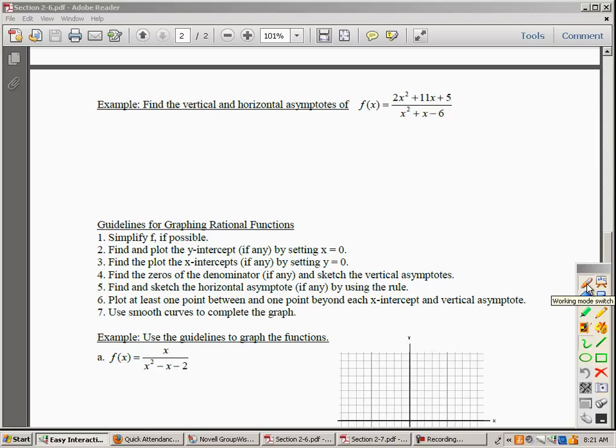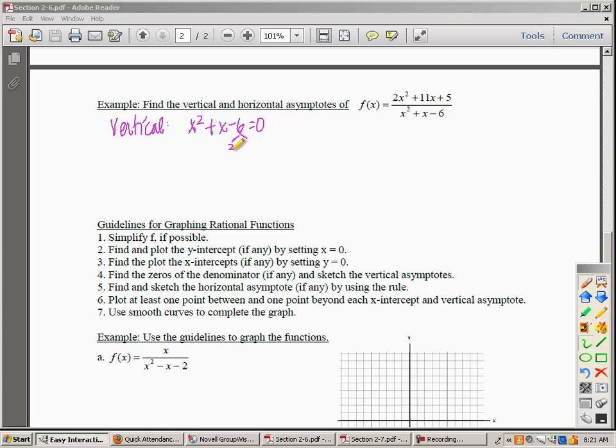Here's another one. Take a look. Can we find vertical and horizontal? Again, I'm always going to start with the vertical ones. And I'm going to set my denominator, x squared plus x minus 6, equal to 0. Again, I'm going to ask myself, can I factor? And truthfully, for this lesson, you're probably going to be able to factor them all.